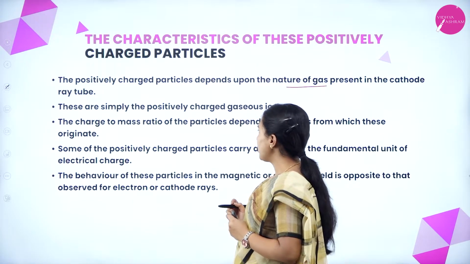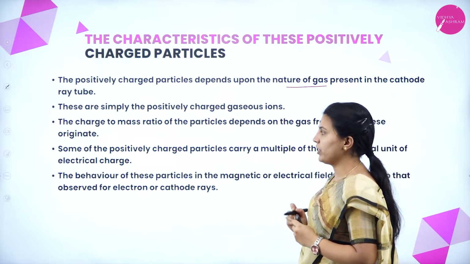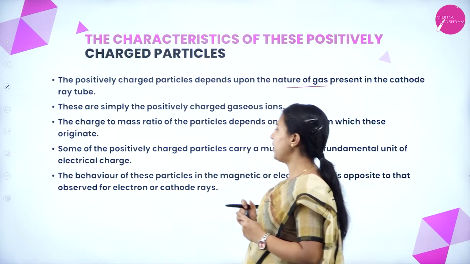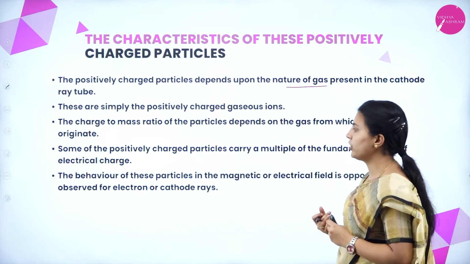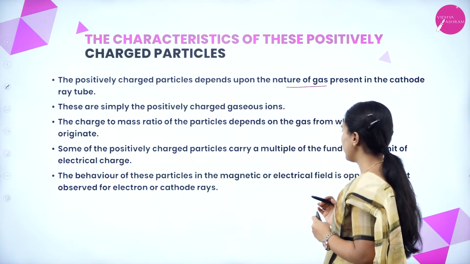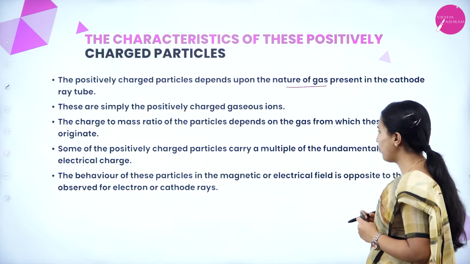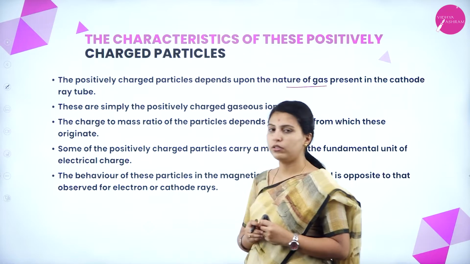The charge to mass ratio of the particles depends on the gas from which they originate. Some of the positively charged particles carry a multiple of the fundamental unit of electrical charge. The behavior of these particles in a magnetic or electrical field is opposite to that observed for electron or cathode rays.